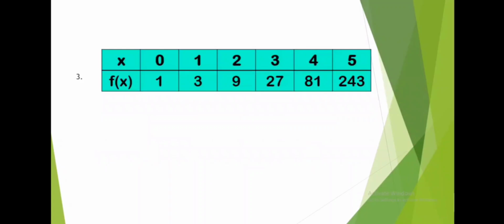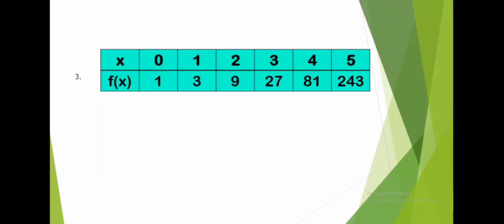We have our y values, or the values of our function, are 1, 3, 9, 27, 81, 243. Observe carefully if there is any common ratio. The answer is yes, there is a common ratio in here, and that is 3.